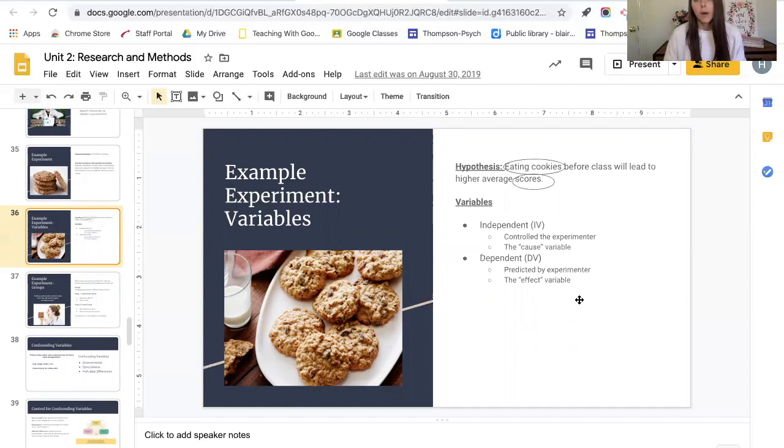So if you have your hypothesis, eating cookies before class will lead to higher average scores, eating the cookies itself, that's the independent variable, right? Because we're causing something with that that's controlled by the experimenter. And then that's going to lead to higher test scores, right? So that's the dependent. The scores are dependent on the cookies.